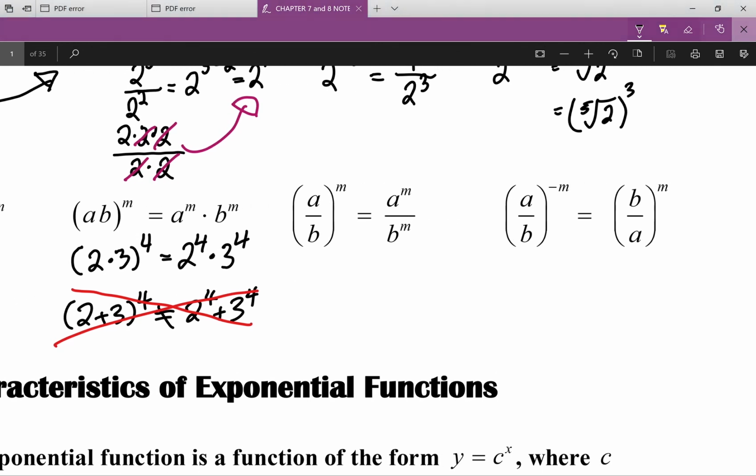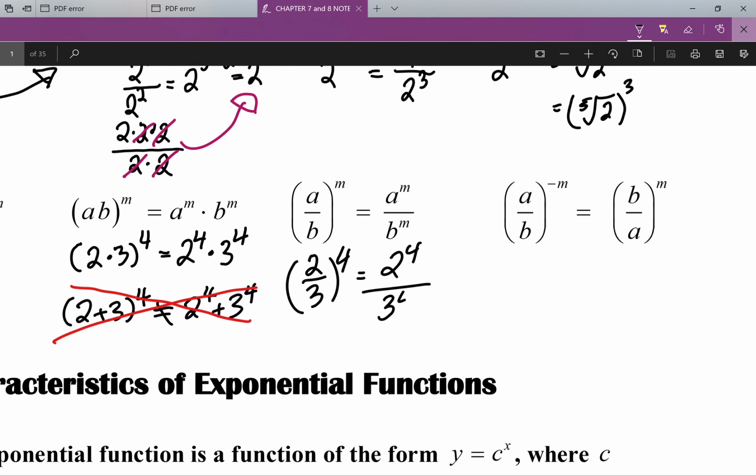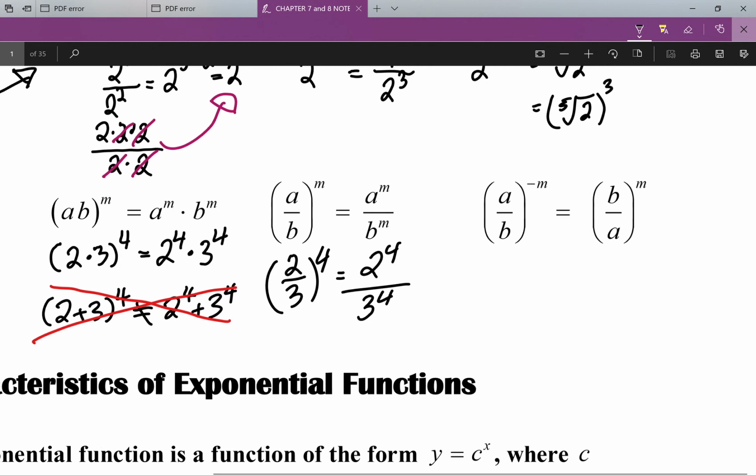Continuing on, this kind of comes from the previous one. 2 over 3 to the power 4. We again can just distribute the power 4, so I get 2 to the power 4 all over 3 to the power 4. And finally, again, we have that negative sign, but the negative sign is over something that's more rational or fractional.